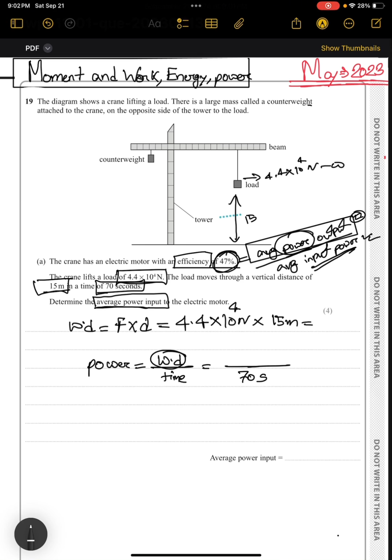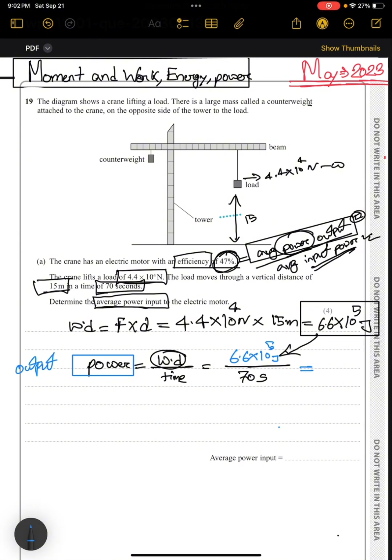So the work done will be 6.6 into 10 to the power 5 joule. We will use this work done right here, and the power will be, this is the total output power, 9.4 into 10 to the power 3 watt.